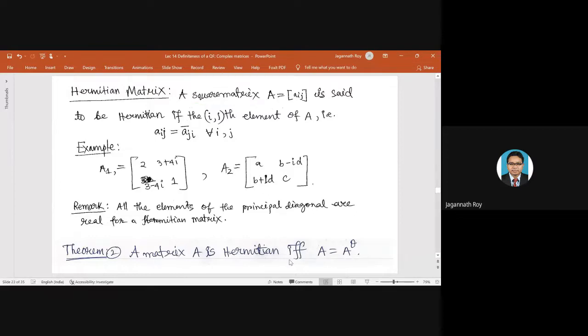And the square matrix is said to be Hermitian if the ij element of A, Aij, equals Aji conjugate.